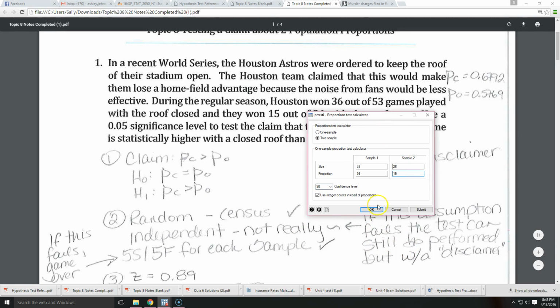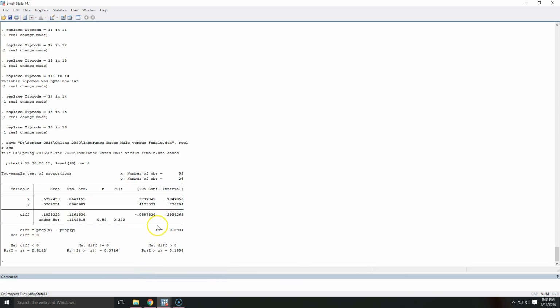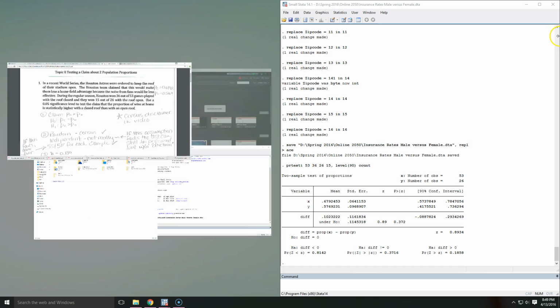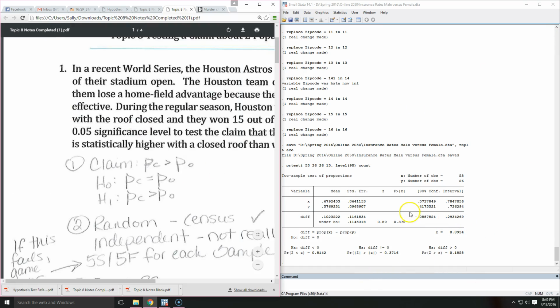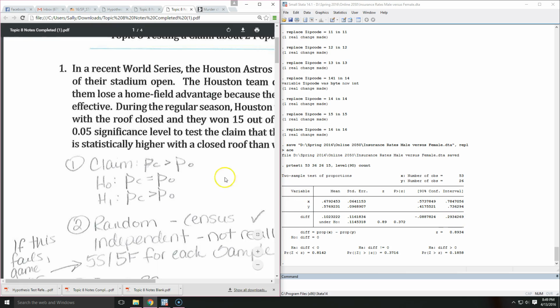When you hit OK, we end up getting a z-score of 0.89, which is pretty close to the middle. So I'm expecting a pretty high p-value, 0.1858. And then our confidence interval is negative 0.0888 to positive 0.2934.